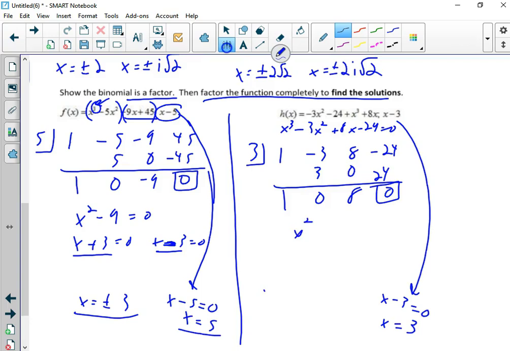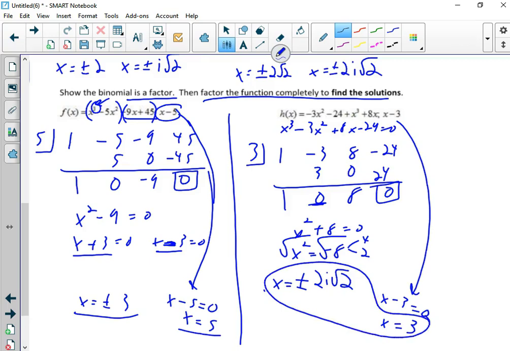So I get x squared plus 8, because there is no x term, equals 0. X squared equals negative 8. Square root both sides. Again, we already did this, but it's going to break down to 4 and 2. So my answer is x equals plus or minus, there's my 2 answers, 2i root 2. And there's my 3 answers right there. And that's it.